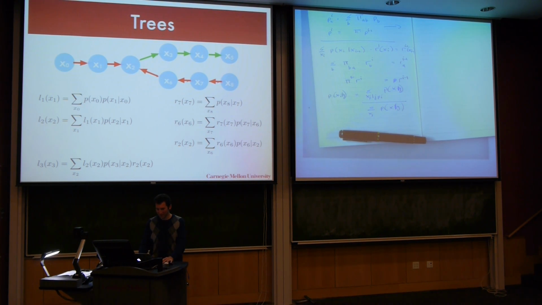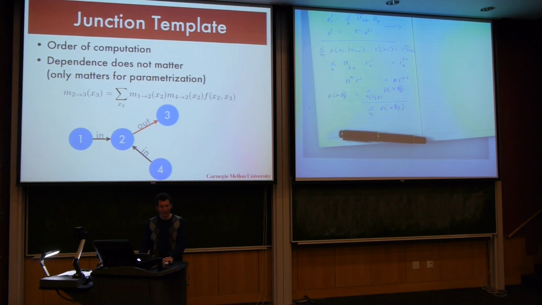Okay, so here's the summary in a nutshell. We have the left message coming in. We have a message from 4 which comes in. We then have a function that depends on f2 and on x2 and x3, for instance p of x3 given x2.